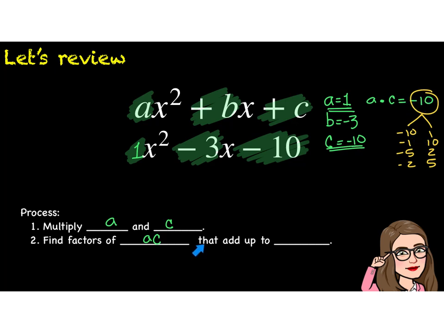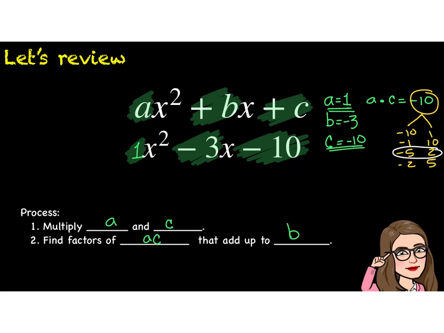But I need to select the ones that add up to, specifically, B. So what I'm going to do now is add these numbers and see which one gives me negative 3, because that's B. So when I do negative 10 plus 1, that's negative 9. Negative 1 plus 10, that's 9. Negative 5 plus 2, that's negative 3. This is exactly my answer.